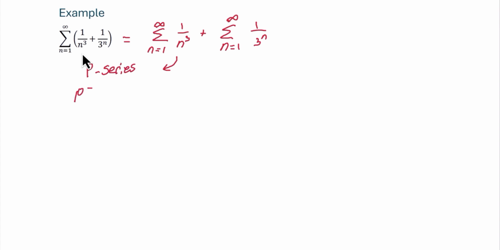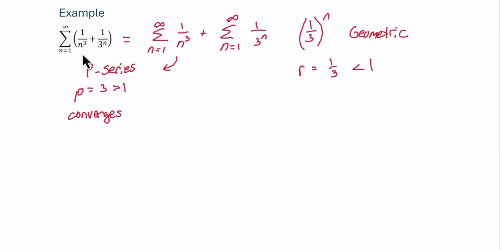Here p is 3, which is bigger than 1, and we know that that converges. And the sum on the right we can think of as 1 divided by 3 raised to the n. And this one is a geometric series. Here r is 1/3, which is less than 1, which means it also converges.